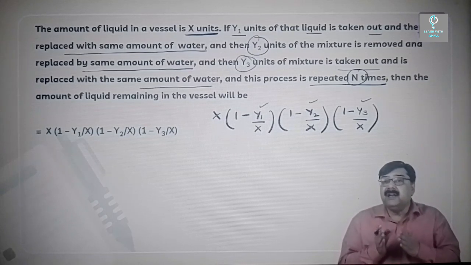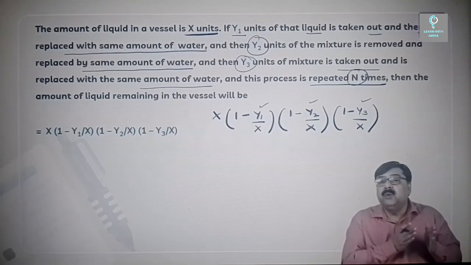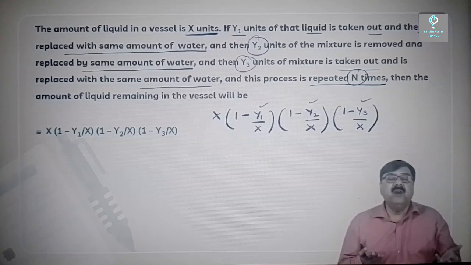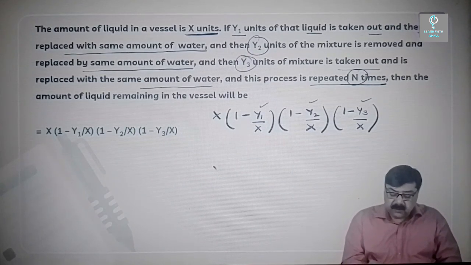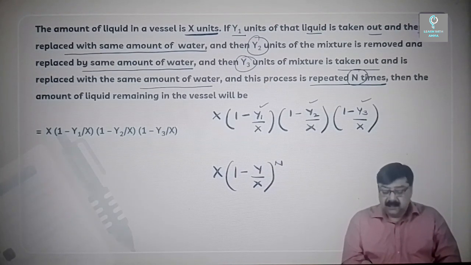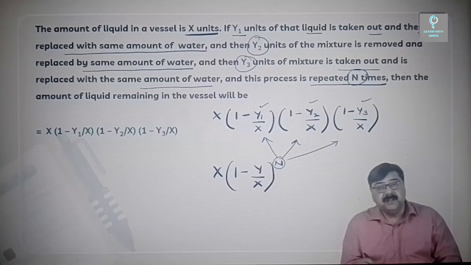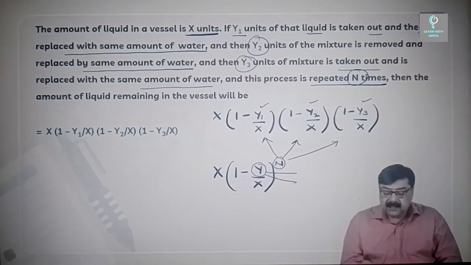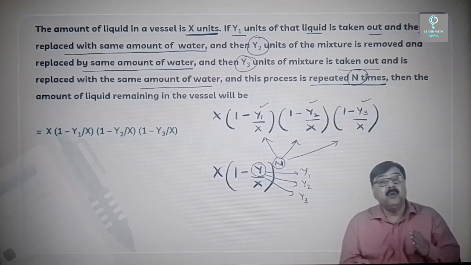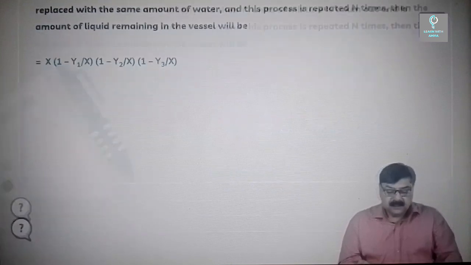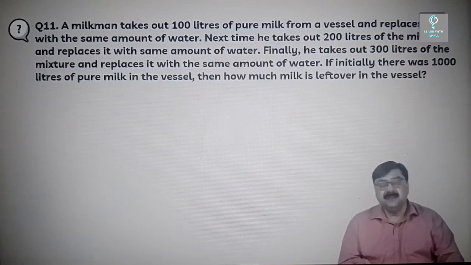Now, had y1 equal to y2 equal to y3 been there, then we would have used the previous formula only, that is x into (1 minus y by x) raised to n. Now, this n here is getting distributed into 3 parts because every time a different quantity is removed, and that is why we are getting 3 different values of y here, that is the amount of liquid removed from the vessel. Now let us apply this formula to this question.